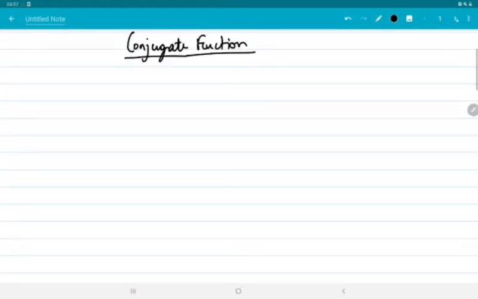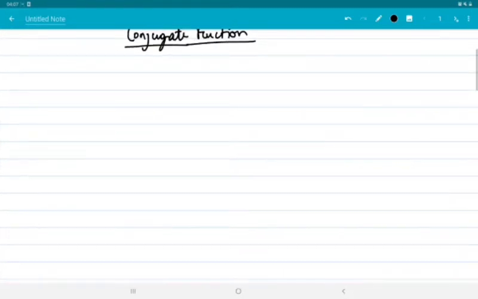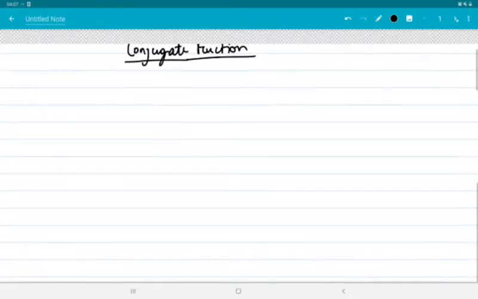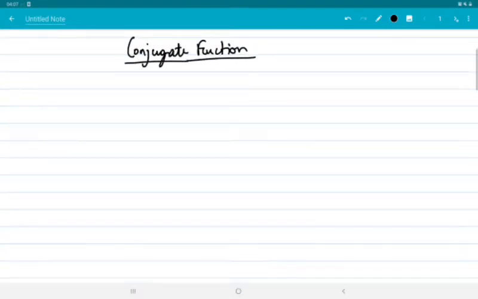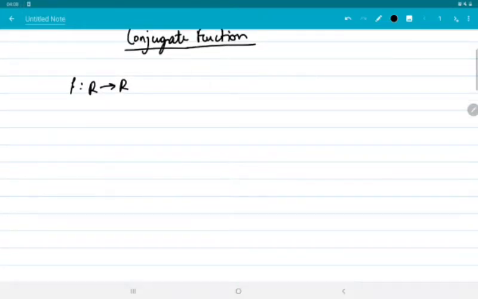Okay, now we look at the conjugate function. Conjugate function is the conjugate of a function. If we have a function R^n to R, then f star of y, which is the conjugate, is defined as, so let us write the definition first.